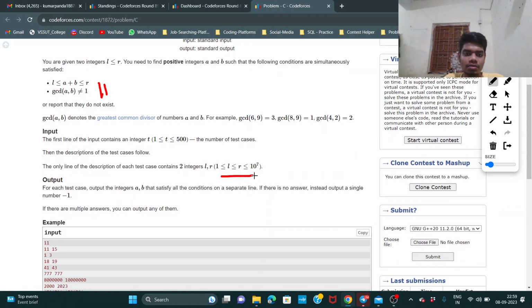Here the range of the numbers is pretty large. Let's think about how to solve this problem.